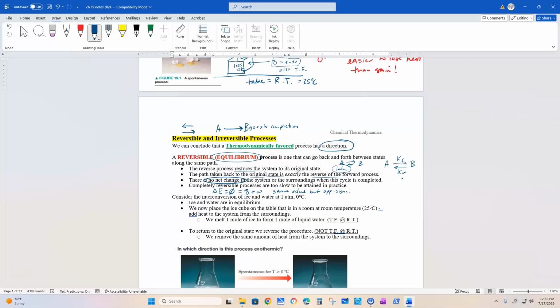Completely reversible reactions, they're very, very slow. Okay, very, very slow to maintain, which means you have an EA that's going to be very high. Okay, consider the interconversion of ice and water at 1 ATM, and we call this normal melting point.